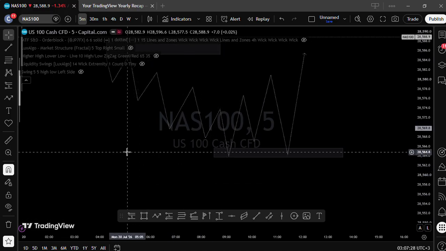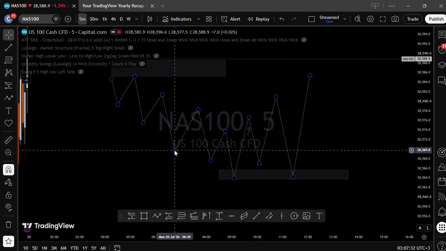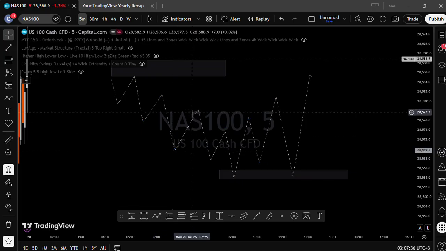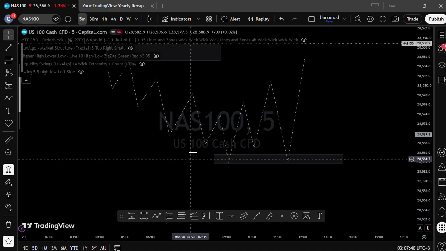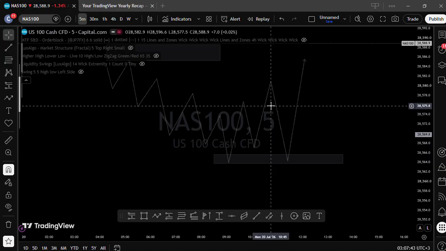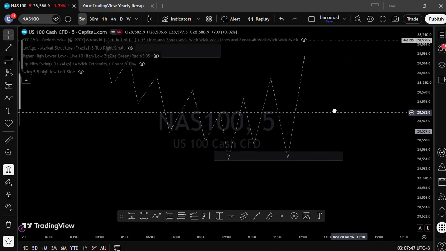Demand zones are normally created as the last bearish candle before a strong bullish momentum, and vice versa for a supply zone. For demonstration purposes, I'll use a demand zone.